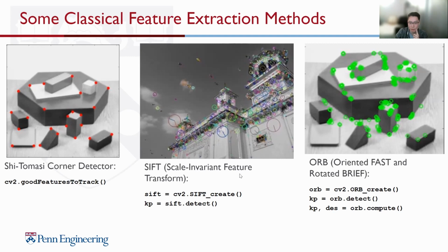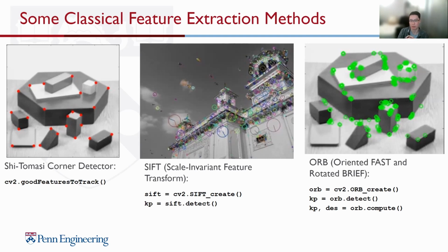However, this one is quite slow. The third one is called ORB, oriented FAST and rotated BRIEF. FAST and BRIEF are two other methods, but I included this one because it's quite commonly used in the world of classical computer vision. It's scale invariant, and it's also orientation invariant, so even if the object is rotated, it's still able to detect it.